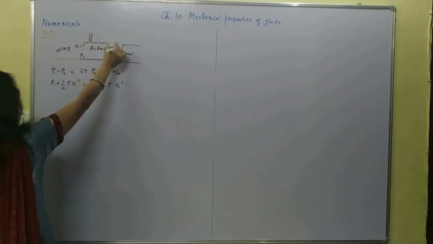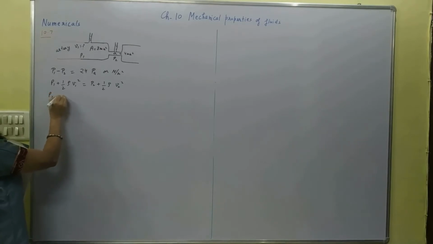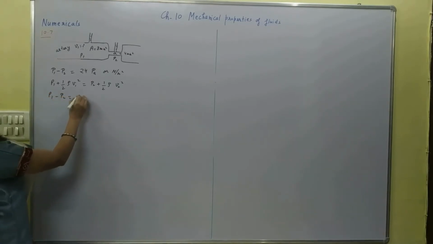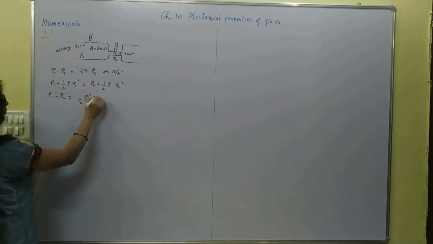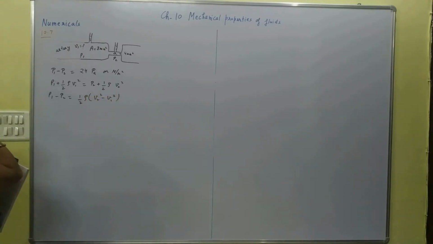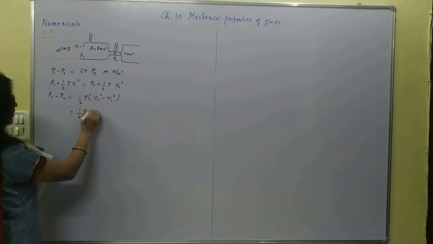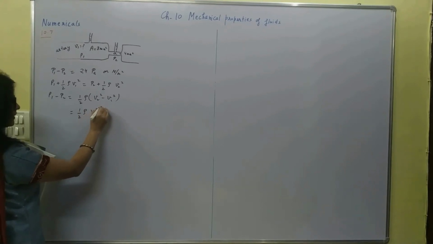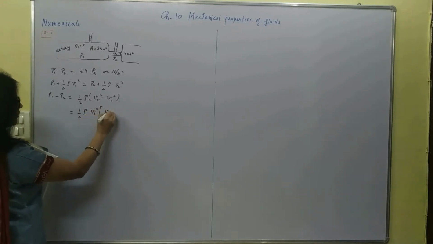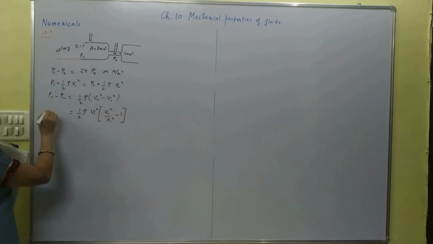We are not concerned with the detailed diagram over here, just a symbolic representation is enough. So P1 minus P2 will give us half rho (V2 square minus V1 square), right? We have to find out V1. So we will take V1 square common here. This will be V2 square upon V1 square minus 1, right?